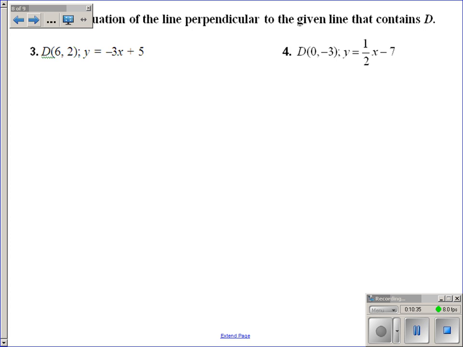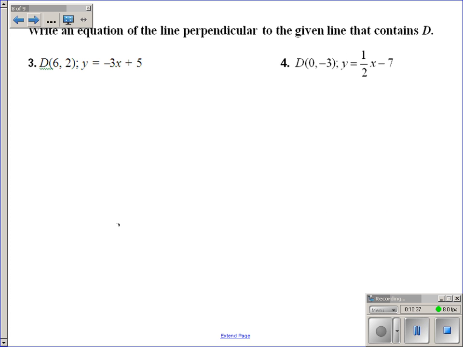All right, let's apply this to equations of lines. This equation is in slope-intercept form, and so the slope is the number in front of x, or -3. Now, before I find an equation of a line that is perpendicular, I need to find the negative reciprocal of this slope. I'll first think of -3 as -3 over 1.